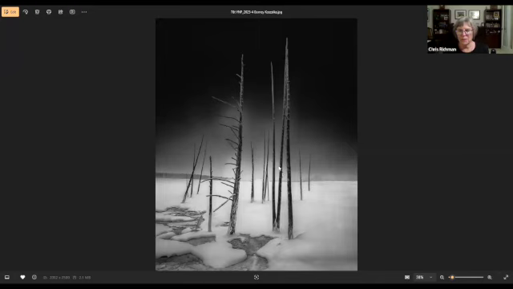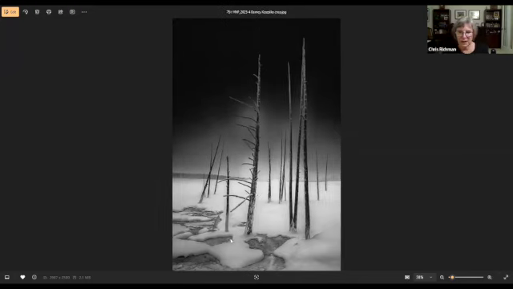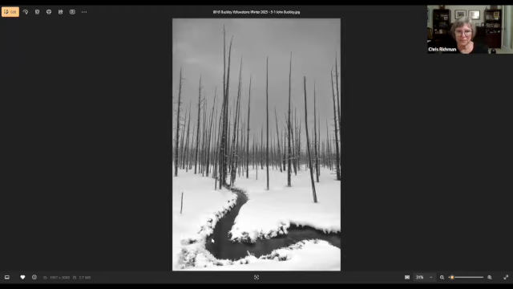I want to move my subject out of the middle a little bit, and really let this take a role in the image more than it does. And now this really becomes my subject, the power line, for me. And then the last image is this one, which has so many compositional elements.